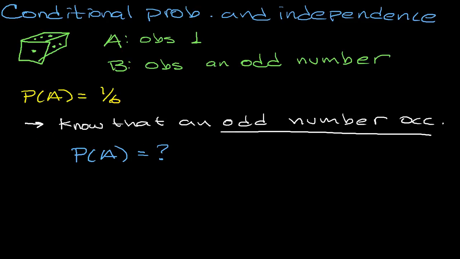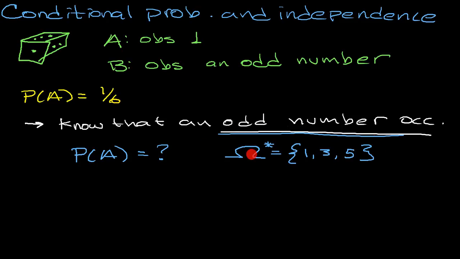Well, since we know that an odd number happened, then we can define a new sample space that includes the odd numbers, which are 1 and 3 and 5. So this piece of information gives us a clue of how we can define a new sample space.